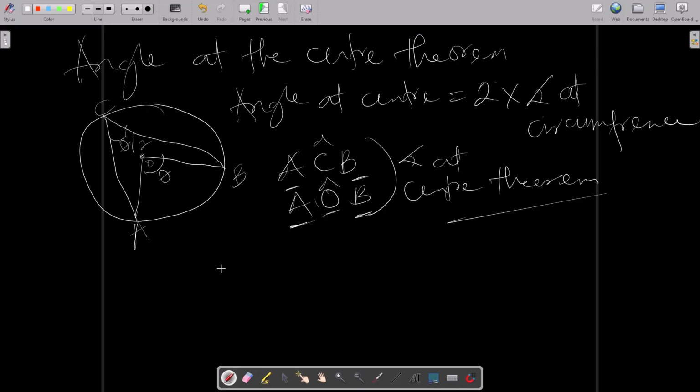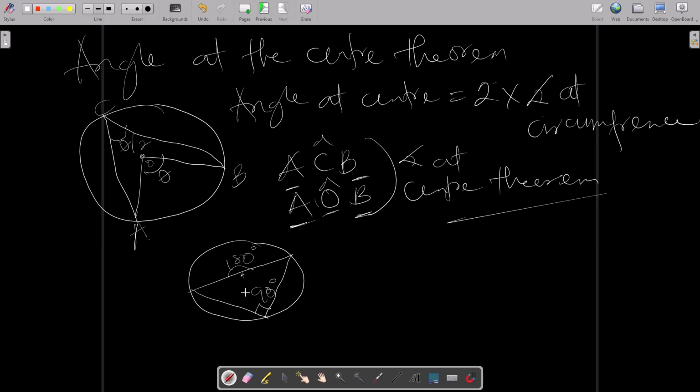Now another part of this which we don't know is that the angle in a semicircle also follows this. The angle in a semicircle is always 90 degrees, because the angle at your center is 180. Because it's 180, if you divide it by 2, it gives you 90.